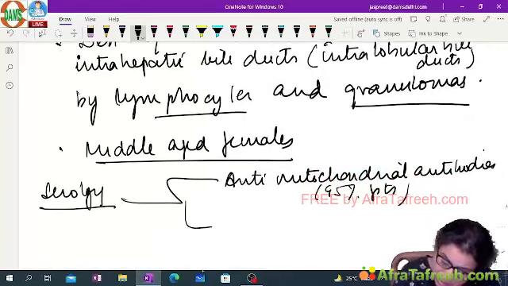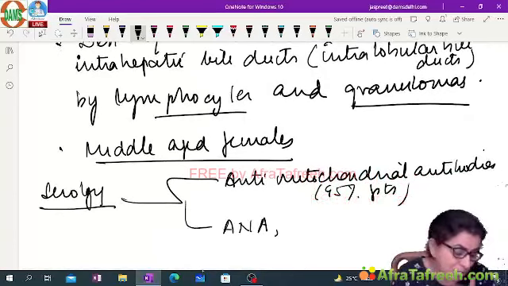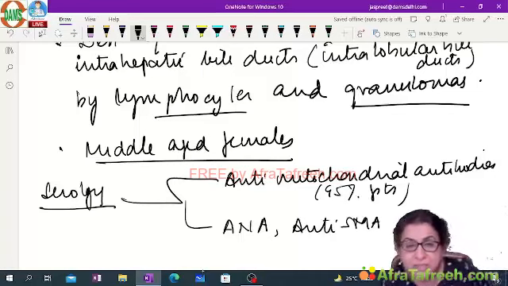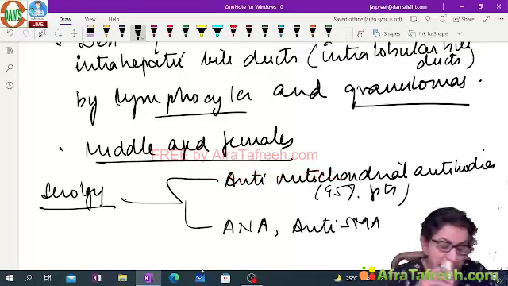Other than this, they may also have anti-nuclear antibodies, ANAs, and anti-smooth muscle antibodies, SMA.